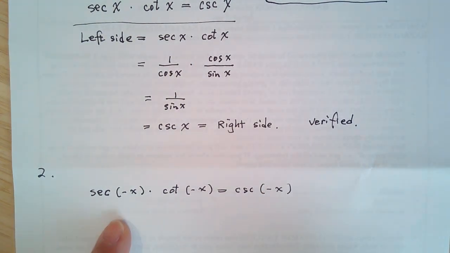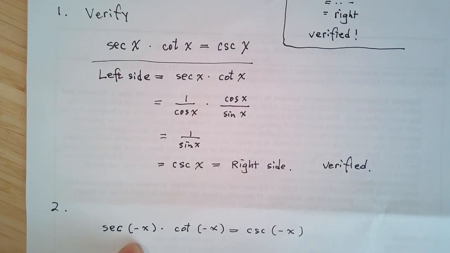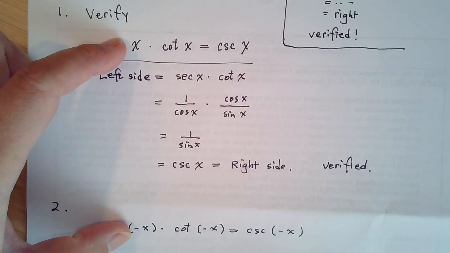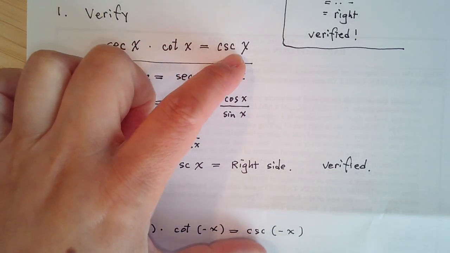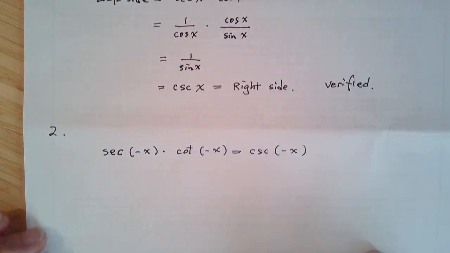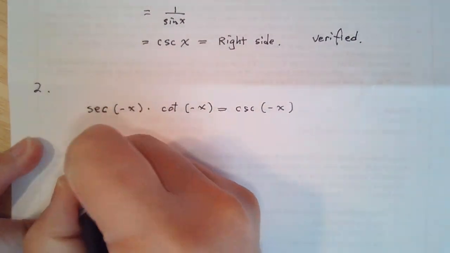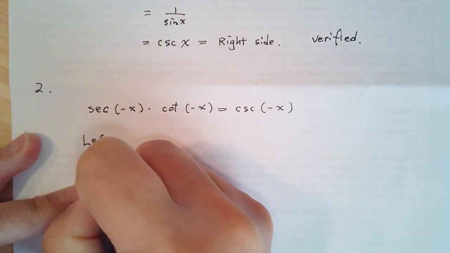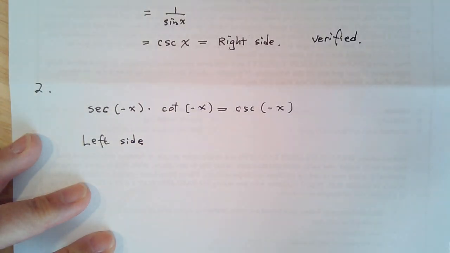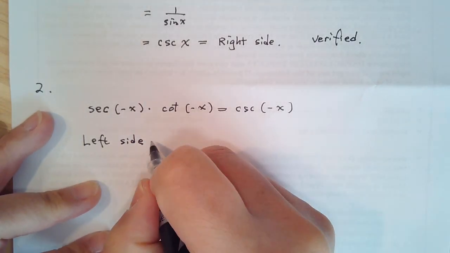Now, did you notice that this is not the same as that one? Even though it looks very similar, here's x, here's negative x. So you have to use the even-odd function property. My left side looks more complicated than the right side.